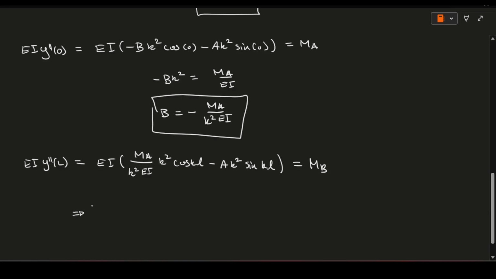From this, we can derive that MA over EI cosine KL minus AK squared sine KL is equal to MB over EI.